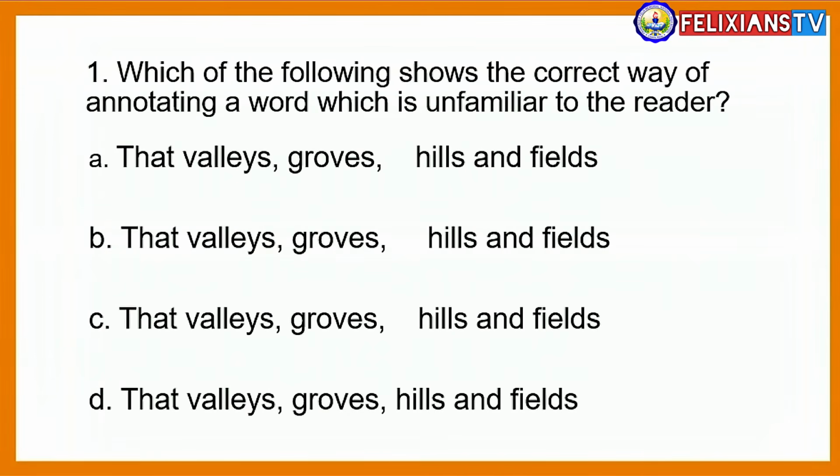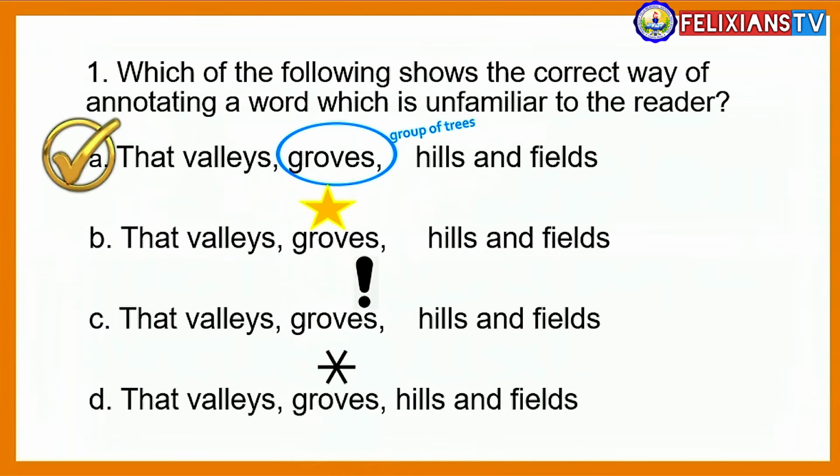Which of the following shows the correct way of annotating a word which is unfamiliar to the reader? Is it letter A, letter B, letter C, or letter D? The correct answer is letter A. Use circle and put the meaning.